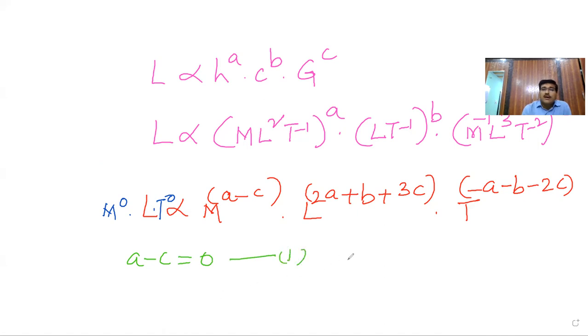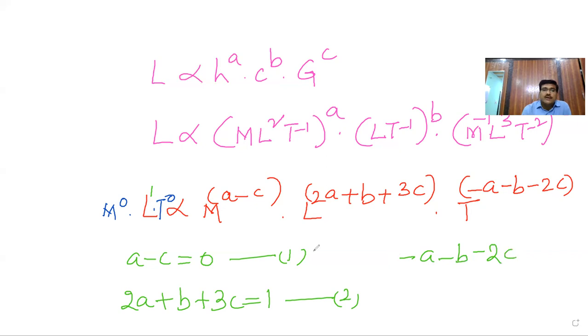For length, 2A plus B plus 3C is equal to 1, equation number 2. Similarly for time, minus A minus B minus 2C is equal to 0, equation number 3. We got 3 equations.